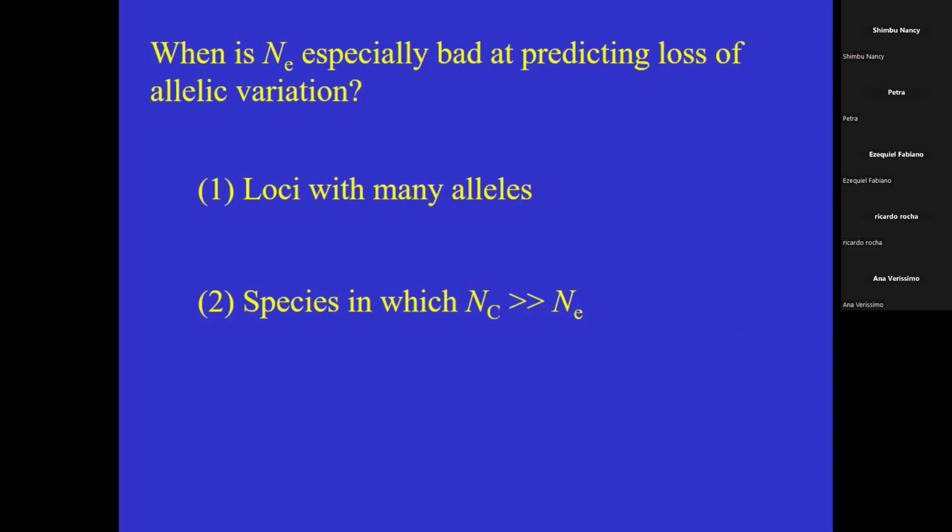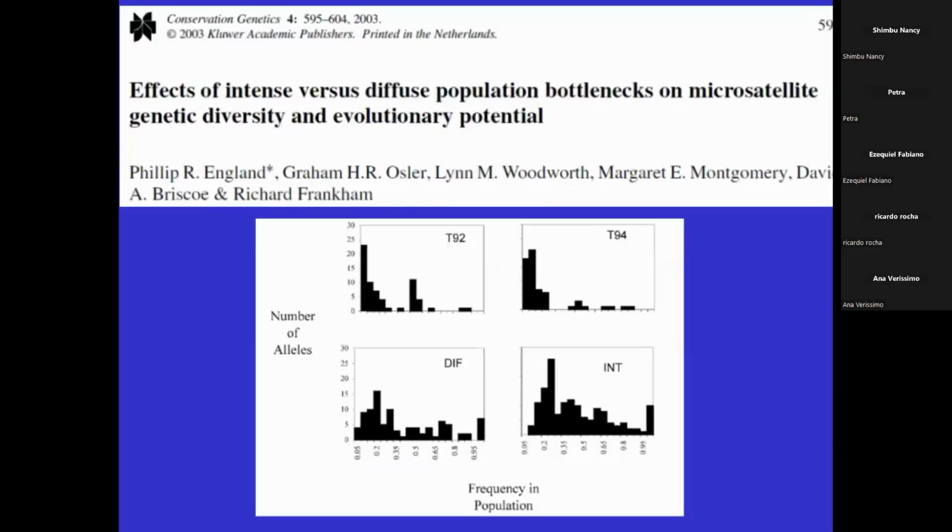And the second is, based upon that slide, if we have the same NE but a larger NC, we're going to have more alleles. So this is the second case where effective size is going to do a poor job of telling us what's going to happen to allelic diversity.